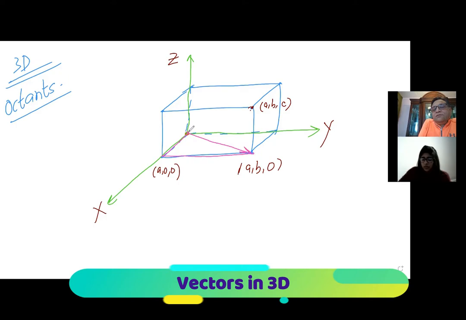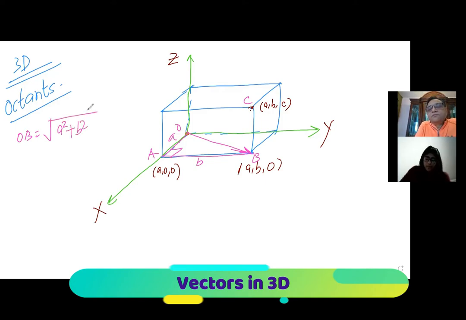So clearly, this is a right angle, where each side is A and B. Let's call this O, this A, B, and we'll call this C. So OB is equal to the square root of A square plus B square.